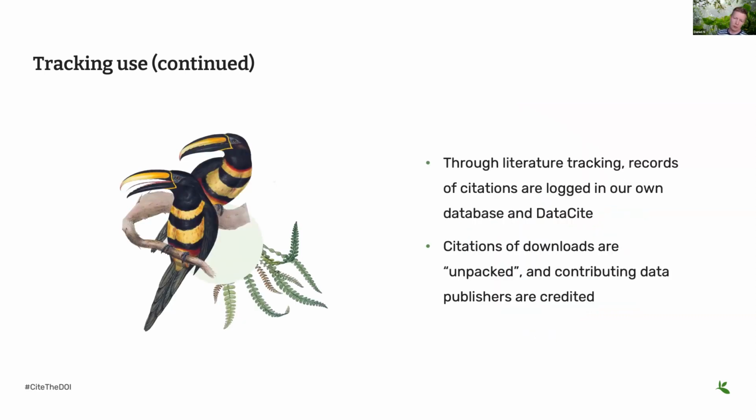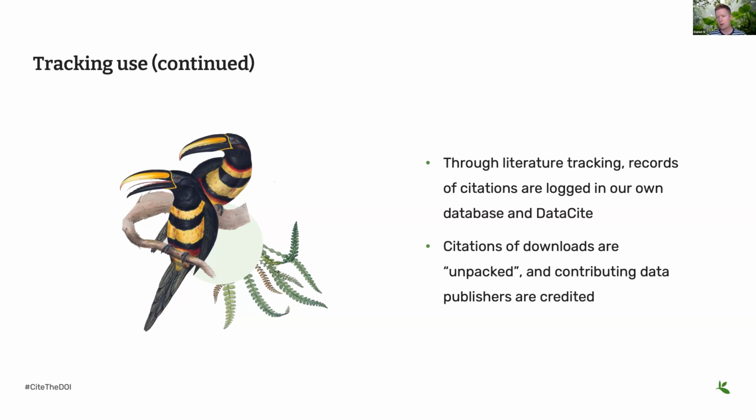We then have a fairly extensive and still quite manual effort in literature tracking. This is based in part on metadata from Crossref, DataCite and so on, but also to a very large extent on information coming from Google Scholar and directly from journal publishers.